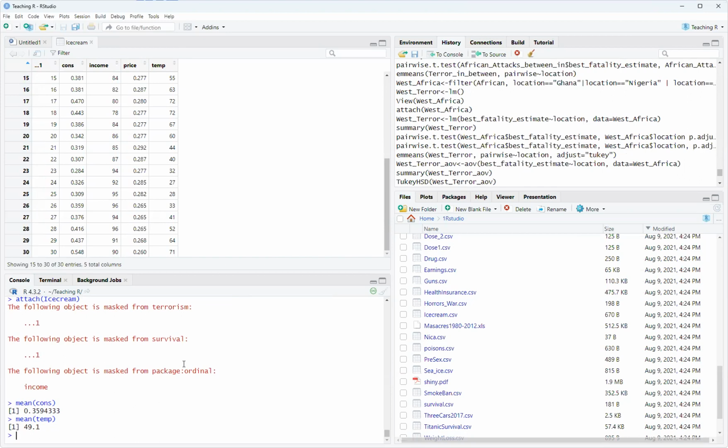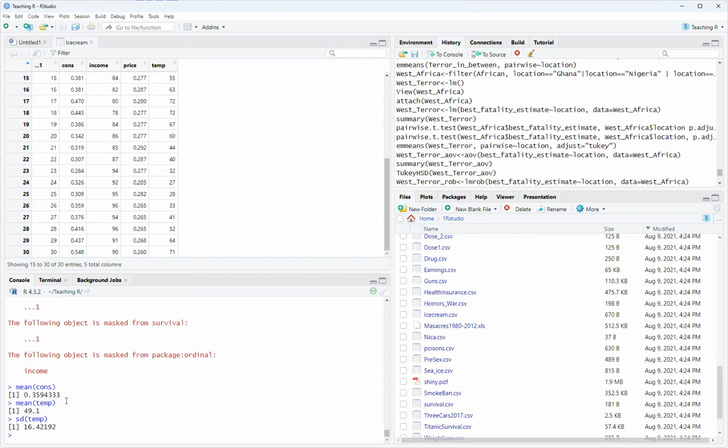And then there's other things you can obviously do. Standard deviation, that's how much they deviate from the mean, which is actually interesting. Temperature. Boom. Now, I want to know whether there's a correlation, that is a relationship between consumption and temperature.